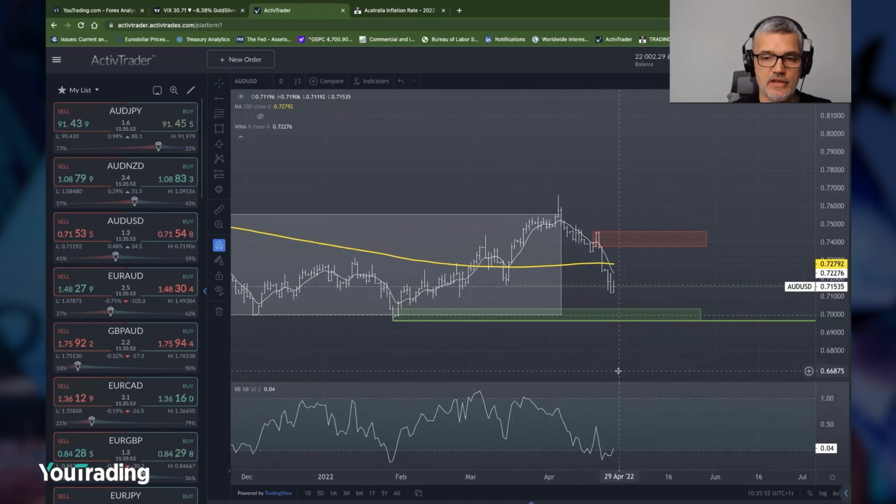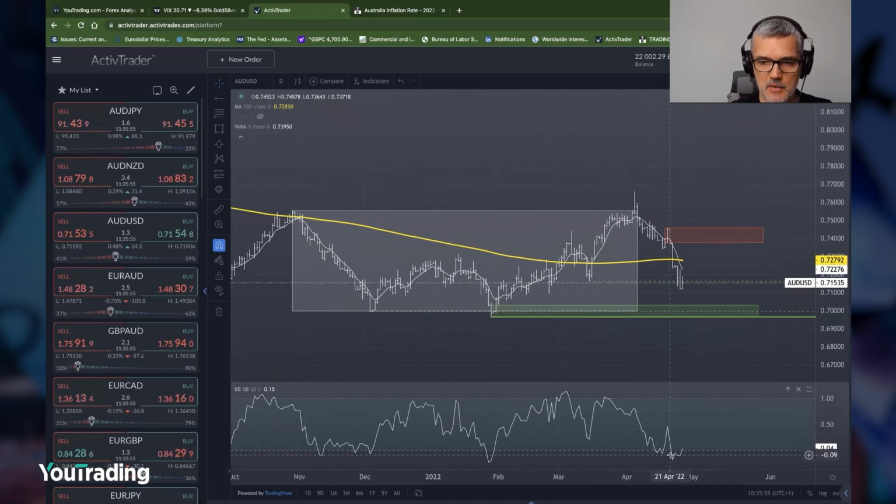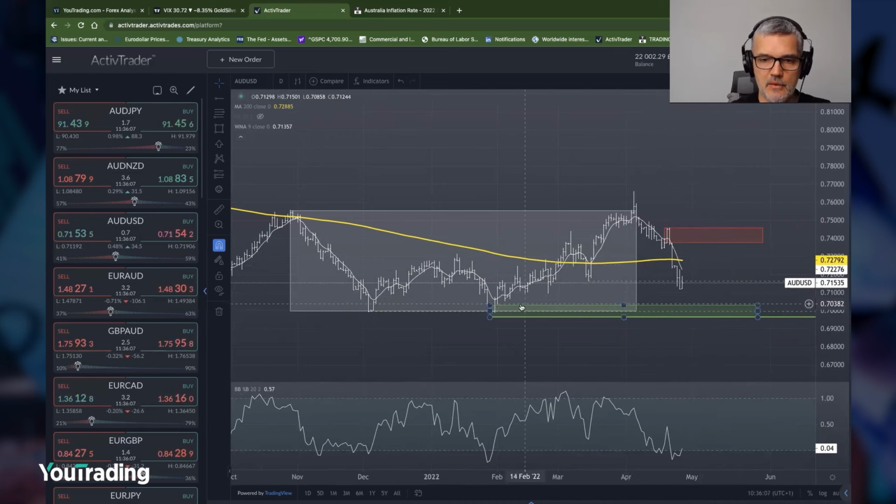Obviously, for this strategy, the end of day strategy, we need to see a pullback for this Bollinger Band percentage B to come back up here above the signal line of 1 before we then start looking for a close back below the 9 moving average. If we look here, we've got a little demand zone, which is around 0.7. So we could get some buyers there. We've also got a supply zone around 0.74.